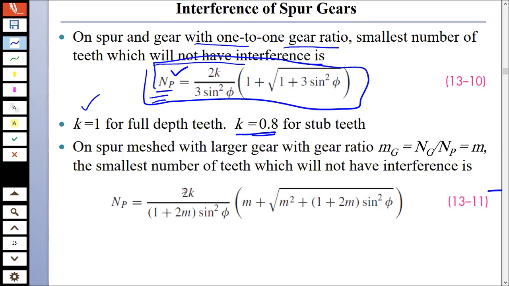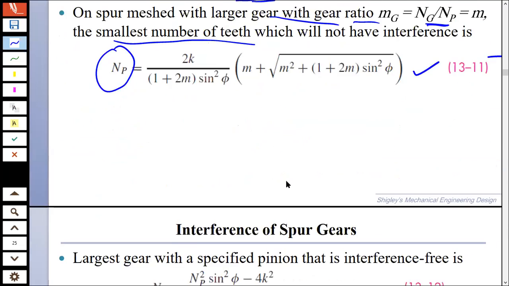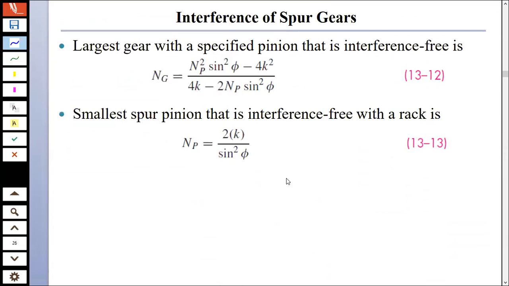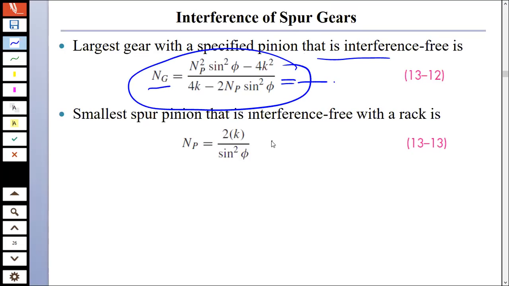Now similarly, for a spur gear to mesh with a larger gear with gear ratio of Ng over Np, the number of teeth on the pinion should be this one, and this will be the smallest number of teeth on a pinion. At least it should have this many teeth. Similarly, the largest gear with a specified pinion that is interference free should have this many.